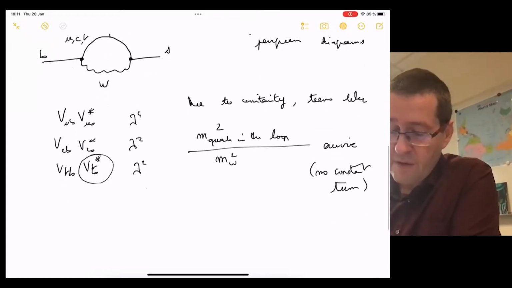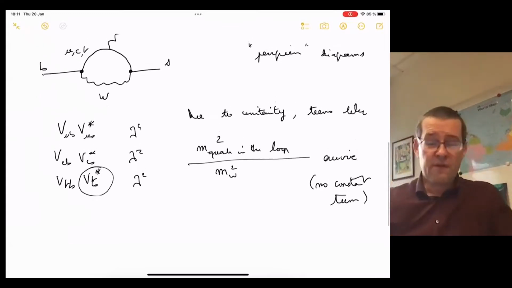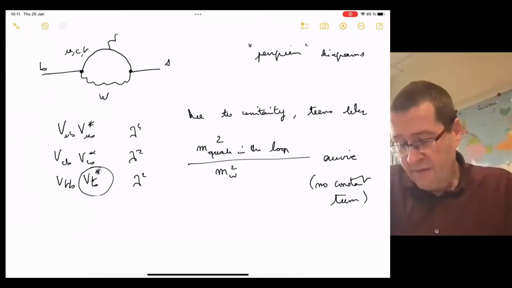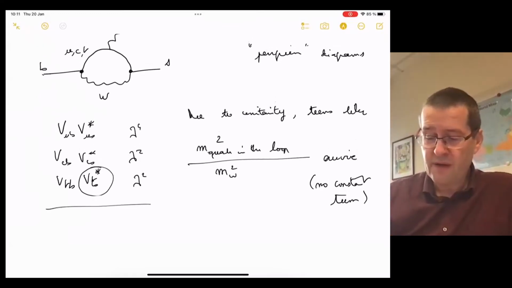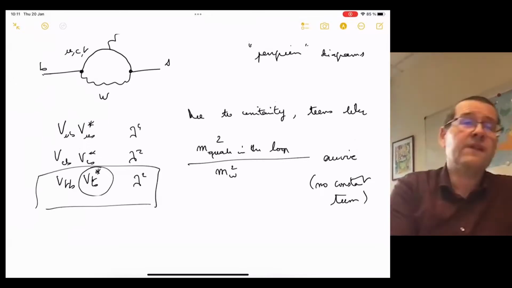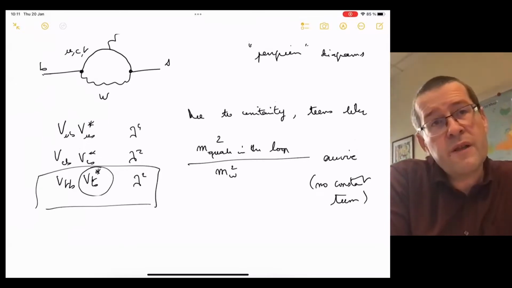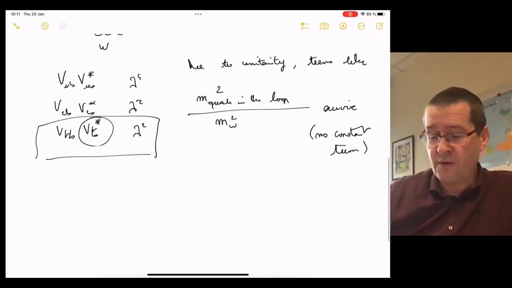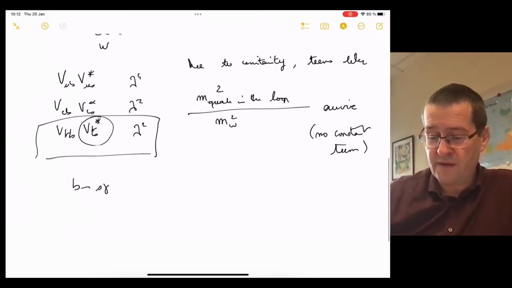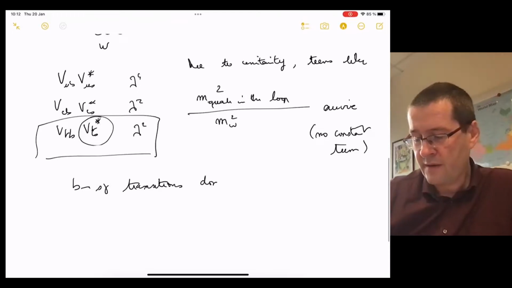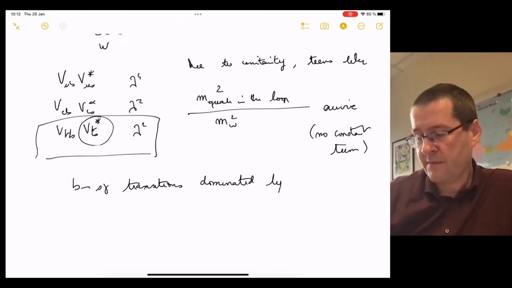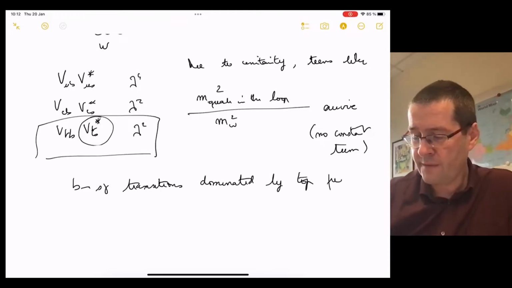And because the top quark is the heaviest, you know that these diagrams are going to be dominated by the contribution from VTB, VTS. So we can try to use these B to S gamma transitions, dominated by top quark loops.